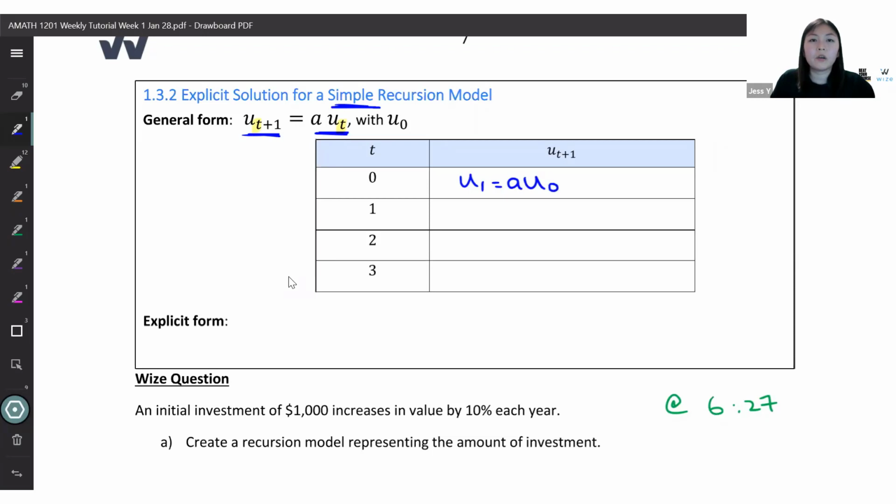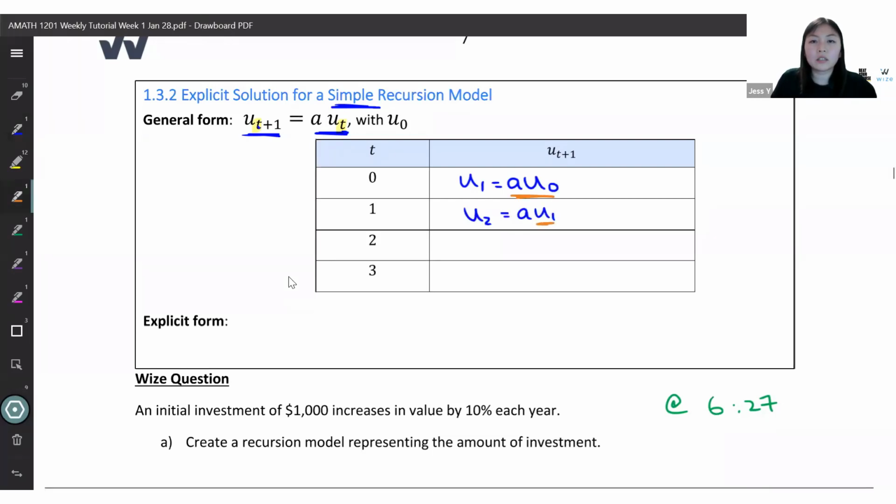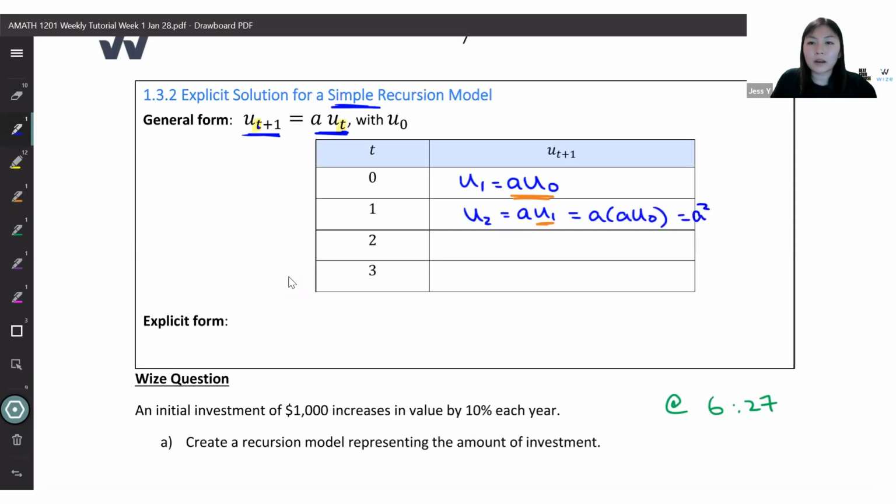What happens when t equals 1? I plug in 1 wherever I see a t. So that becomes u sub 1 plus 1 is 2 equals a times u of 1. But wait a second, u of 1 is just a times u of 0. So this is a times a u of 0, which is a squared u of 0.